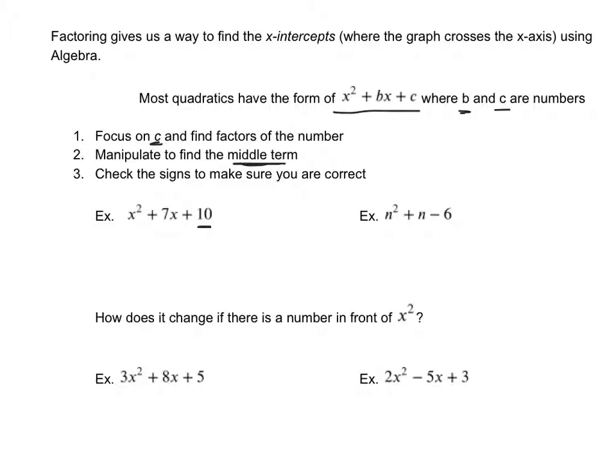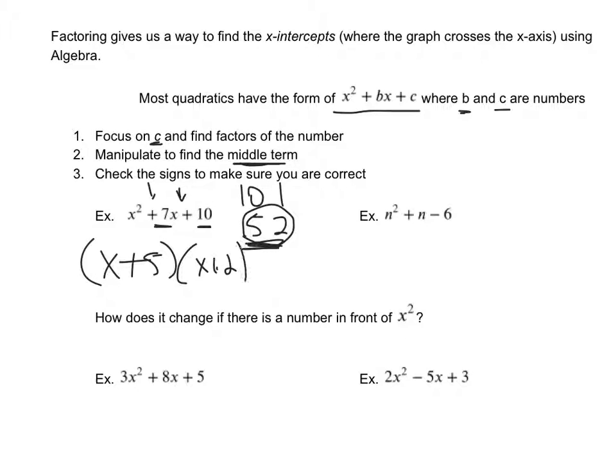So for this one, if I see 10, right away I'm looking at factors of 10. And I'm trying to figure out, how can I get 7? Well, I can get 7 using 5 and 2. That's why I circled 5 and 2. Because these are both positive, my factoring is just going to be x plus 5 and x plus 2.